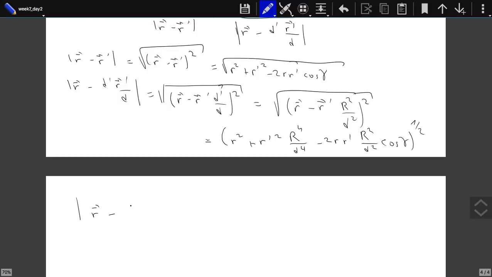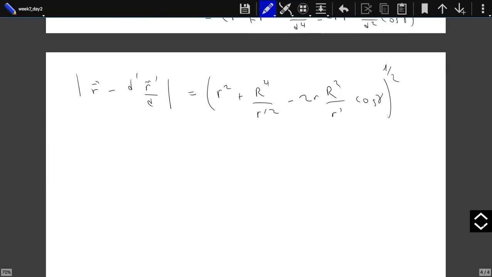So R minus D prime, R prime over D is equal to R squared plus R to the 4 divided by R prime squared minus twice R squared divided by R prime cosine gamma, where D again is equal to R prime.